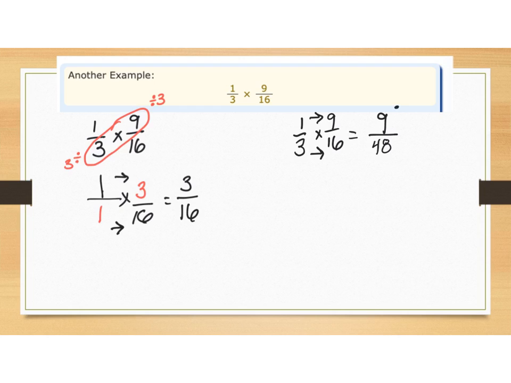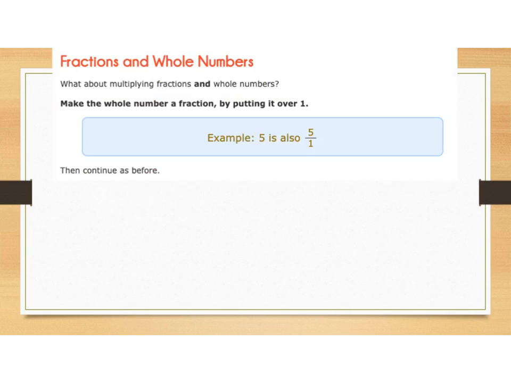Now, in order to simplify, you would divide both the top and the bottom by 3. 9 divided by 3 is 3. 48 divided by 3 is 16. So either way you did it, you could cross simplify first, or you could simplify at the end. But you come up with 3/16 both times.